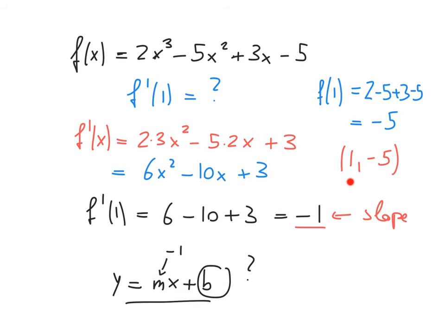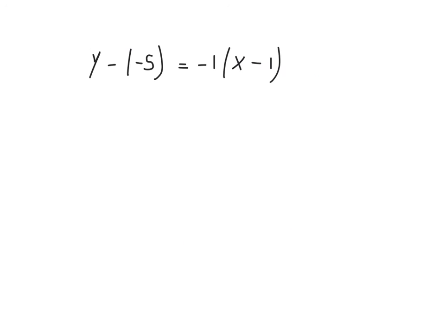So we have now a point plus the slope, and we can transform this now into the usual form, slope plus y-intercept. Here's the point-slope form, right, of this. y minus minus 5 equals slope times x minus 1. Here we have the point on the line, 1, minus 5.